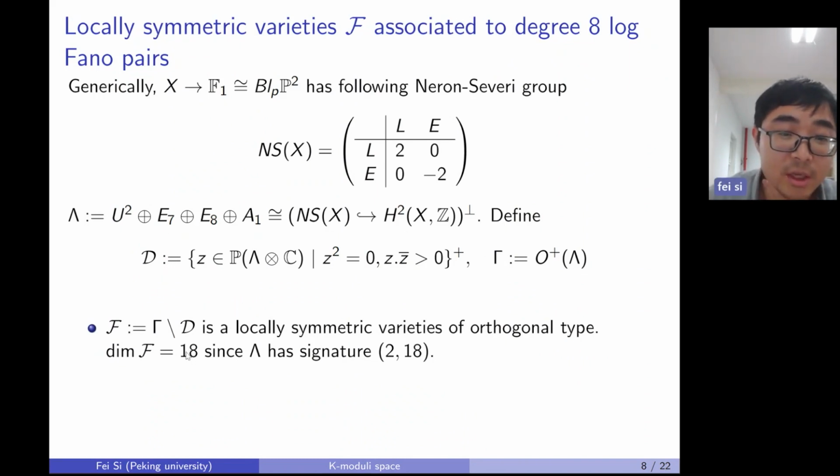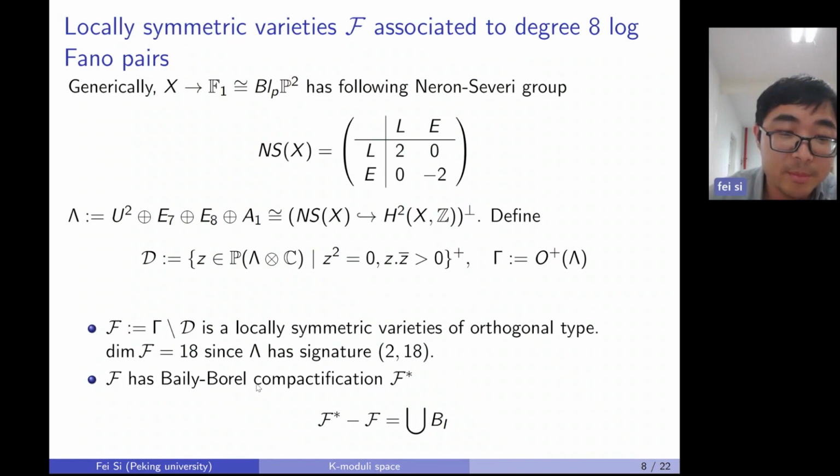Then you can easily compute that this is an 18-dimensional space, since this lattice has signature (2,18). Then the Baily-Borel compactification for this space adds just some curves and some points.